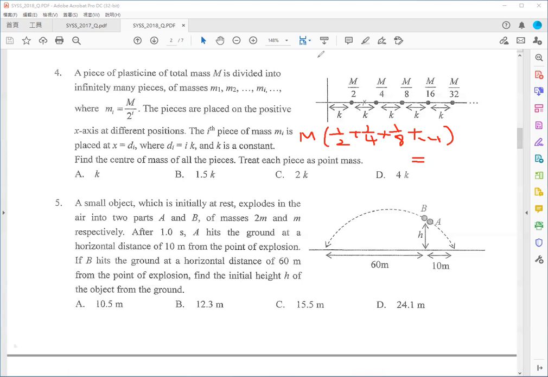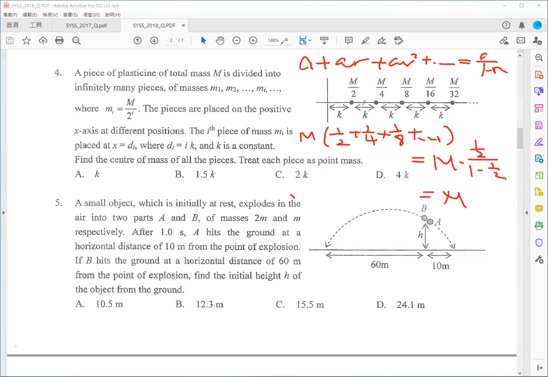You need to memorize the formula by yourself. So that is A plus AR plus AR squared and so on, which equals A over 1 minus R. So then that will be 1 half divided by 1 minus 1 half, which gives you M. So the total mass will be M.